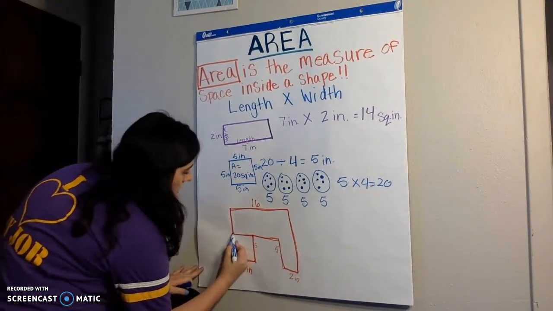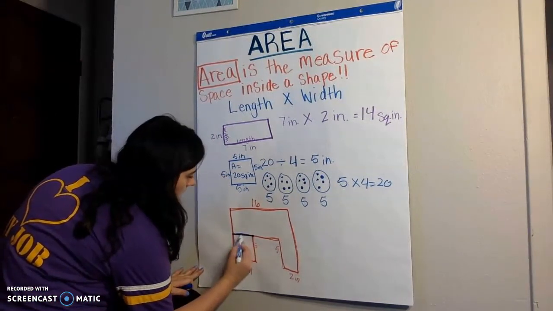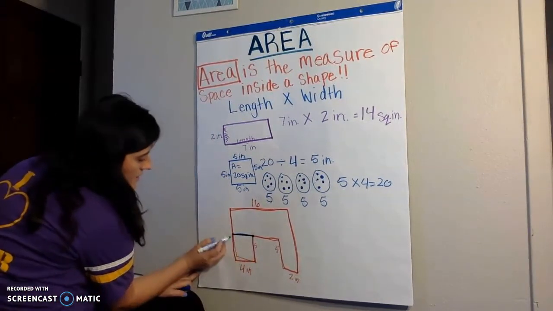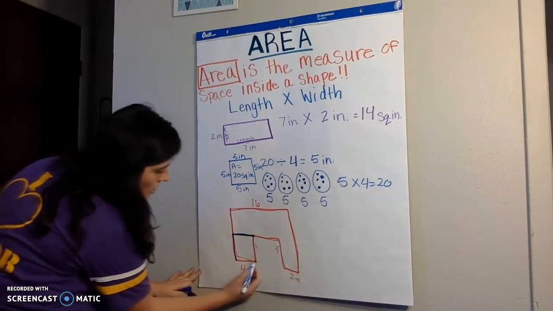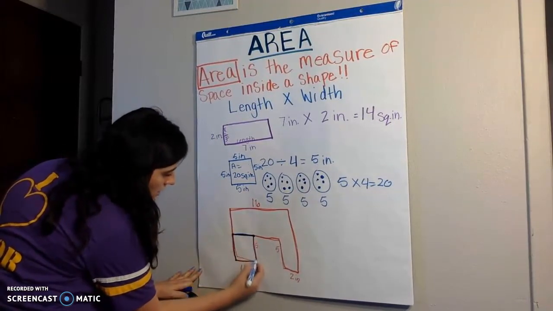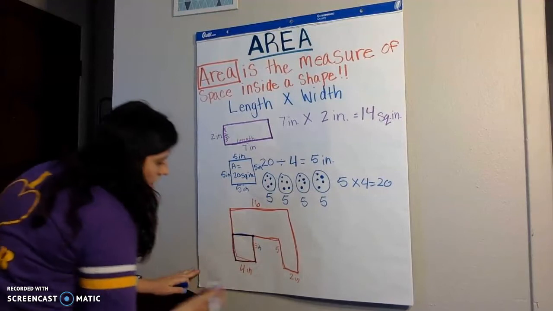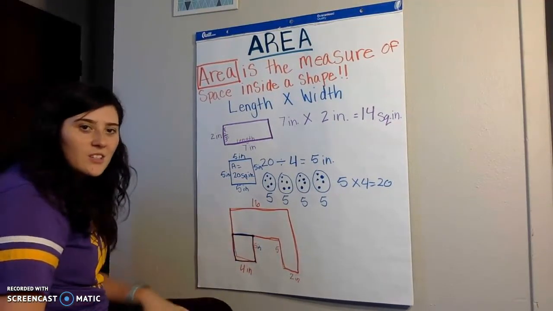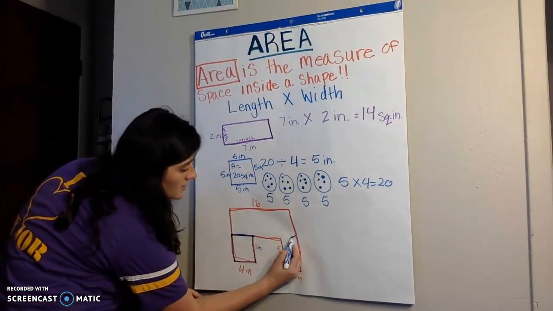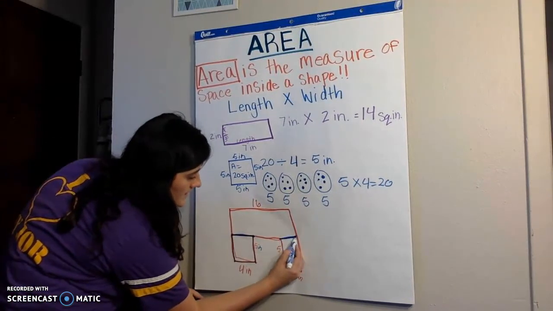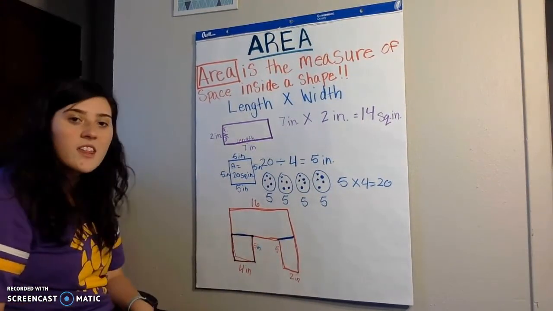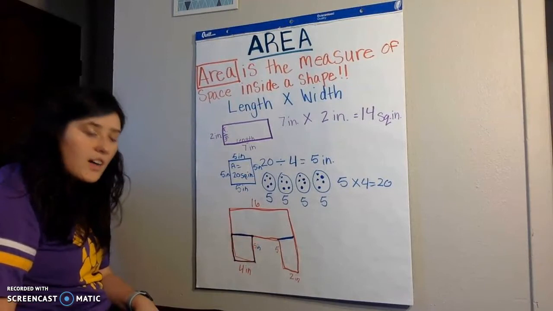So I'm going to extend this line right here. So then I have this square, or this rough rectangle. Ms. V is not being very good at drawing today. Okay, so now I have that square. I'm going to also extend this. So then I have this shape blocked off also.